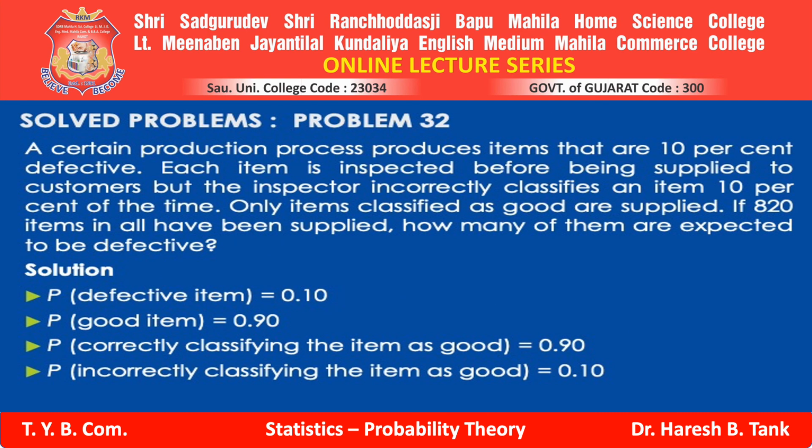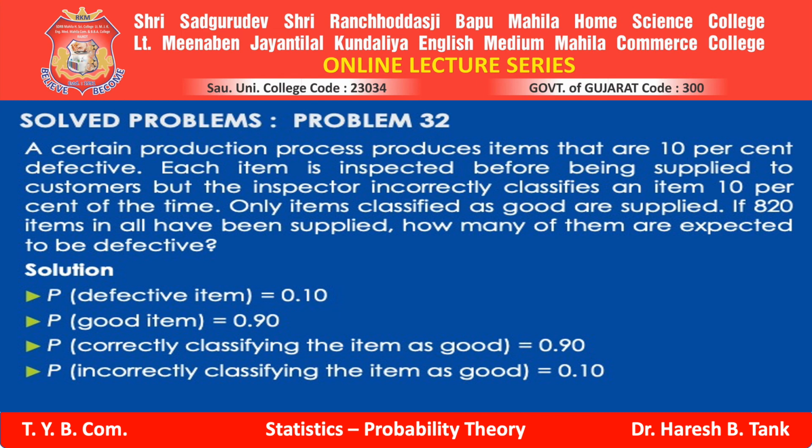The next example. A certain production process produces items that are 10% defective. Each item is inspected before being supplied to the customer, but the inspector incorrectly classifies an item 10% of the time.